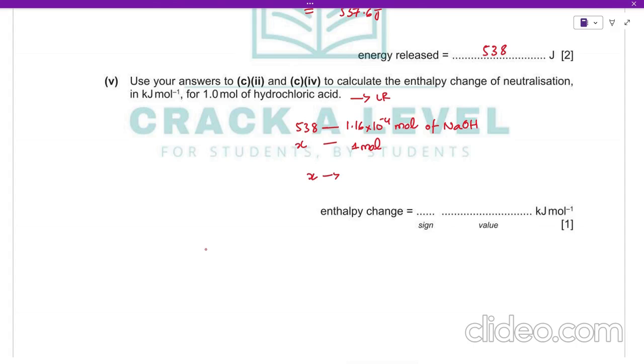It will be 464 kilojoule. Not kilojoule, it will be just 464 into 10 power 3 joule. Then we have to divide it by 1000. It will be minus because the temperature is rising, and it will become minus 464 kilojoule.